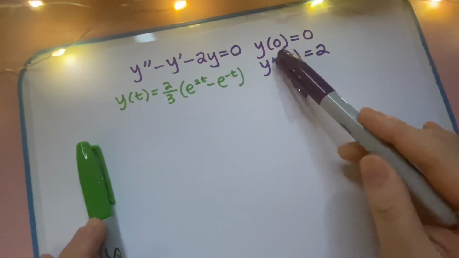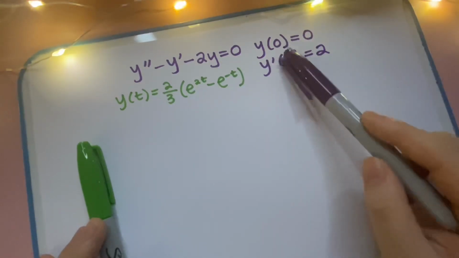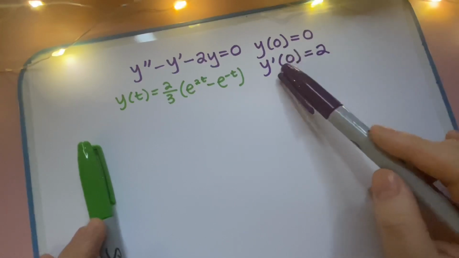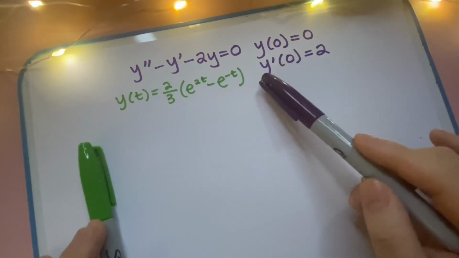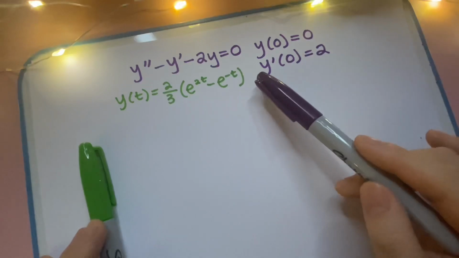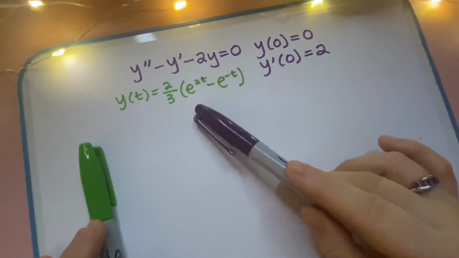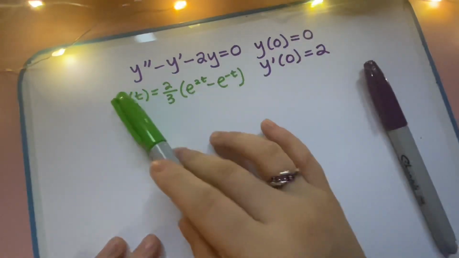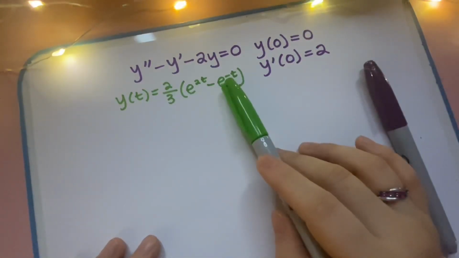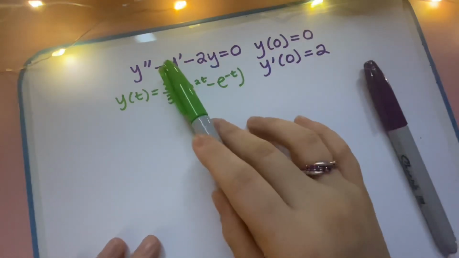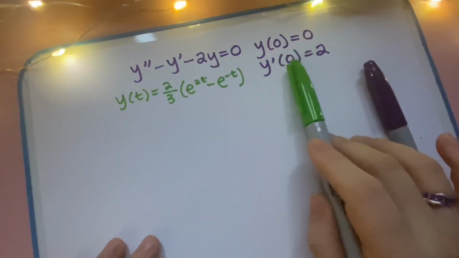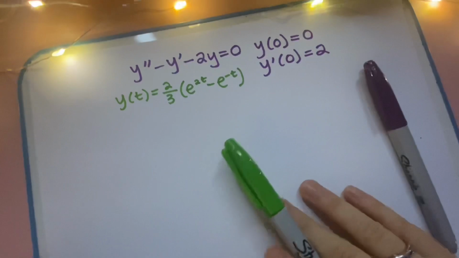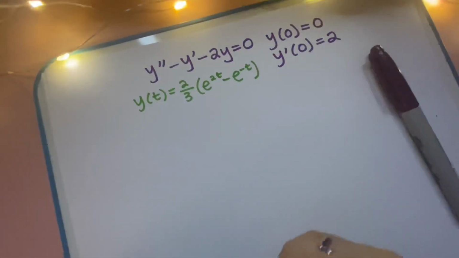But in this case, because we're given these specific values, we were able to solve for C1 and C2 to get our specific solution. But that's the idea of a general solution there, okay? So this should be the unique function that satisfies this, and this. Okay, so what do we do here?